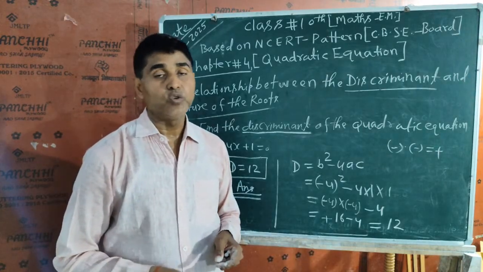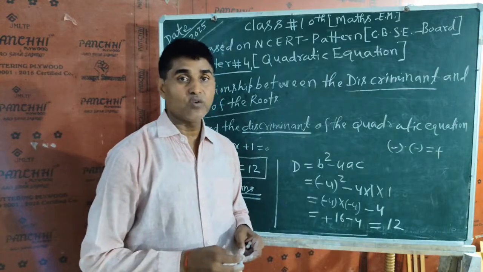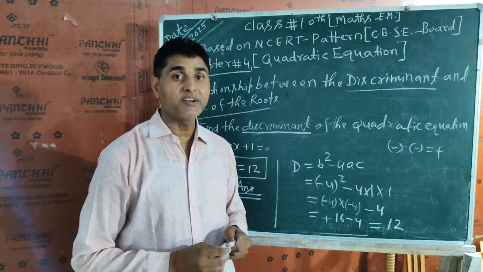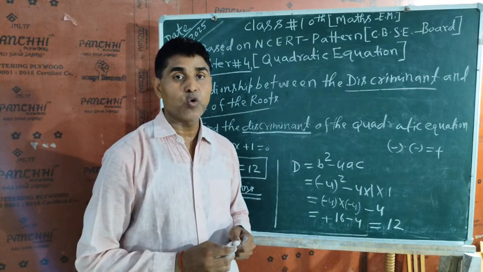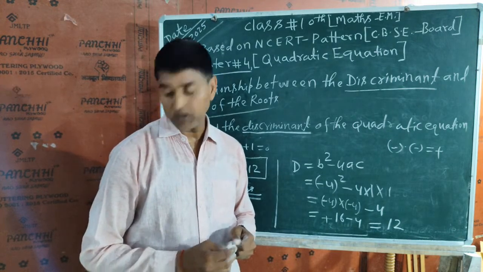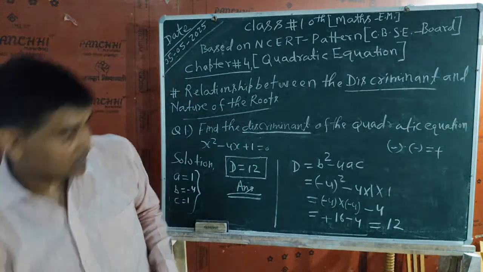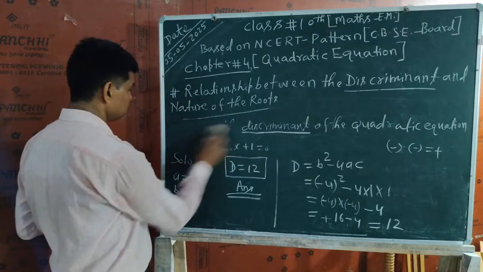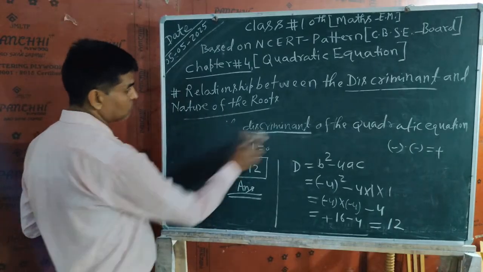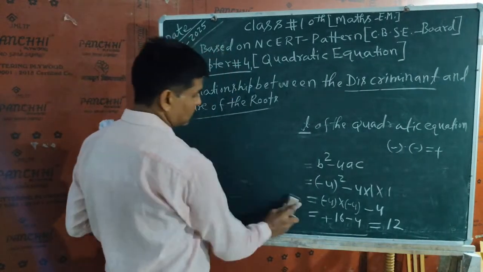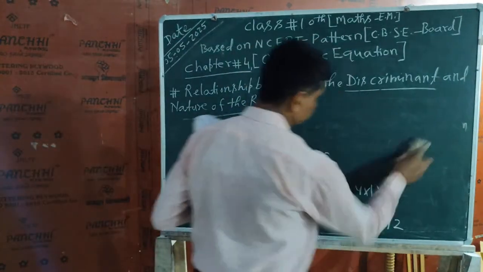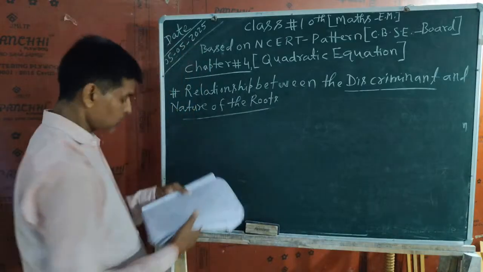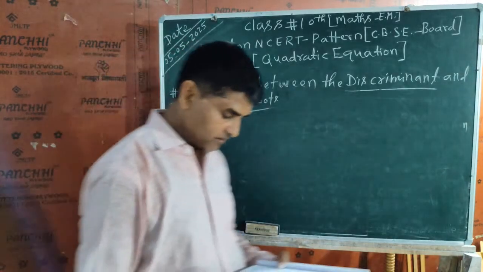So you concentrate on this live video from starting to end for updating and developing your knowledge on this topic. I am going to take another question before I erase this solution. Now we have to write a question based on the explained topic.